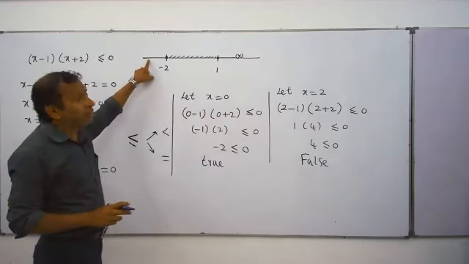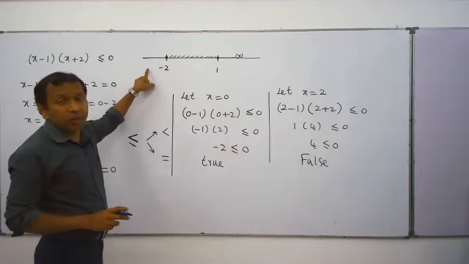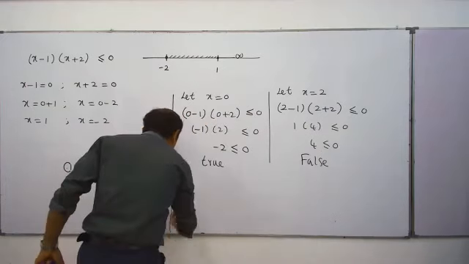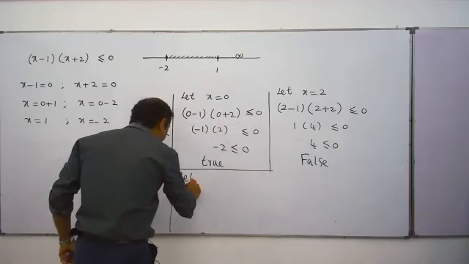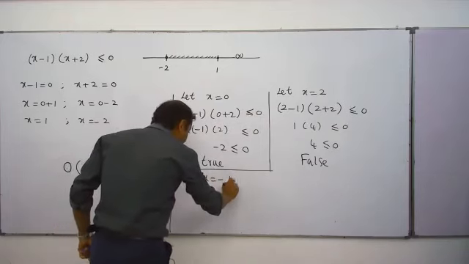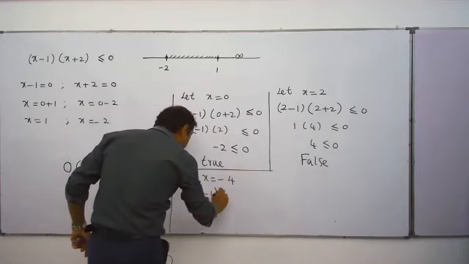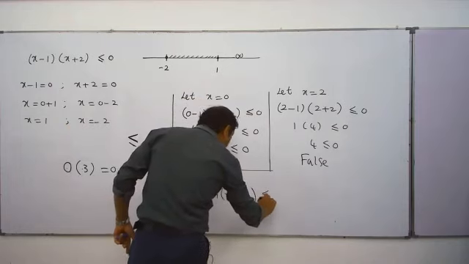And we'll take another one in this interval on the left of minus 2, like minus 4. What do you get? First bracket, minus 4 minus 1, minus 4 plus 2, less than or equal to 0.